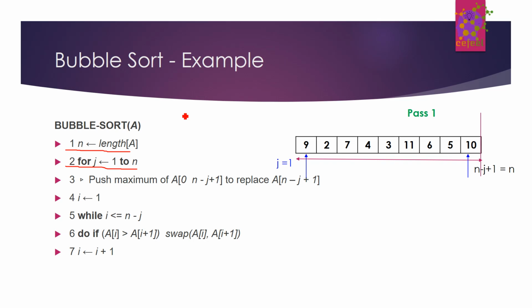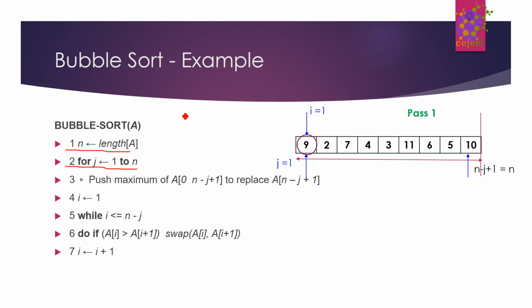Now if j is 1, n minus j plus 1 will be n minus 1 plus 1, which is n, which means n minus j plus 1 will now point to the last element of the array. I have just a pointer here to show this, because this is the end point of our pass, that is, our pass will end when we start with i and then reach there.